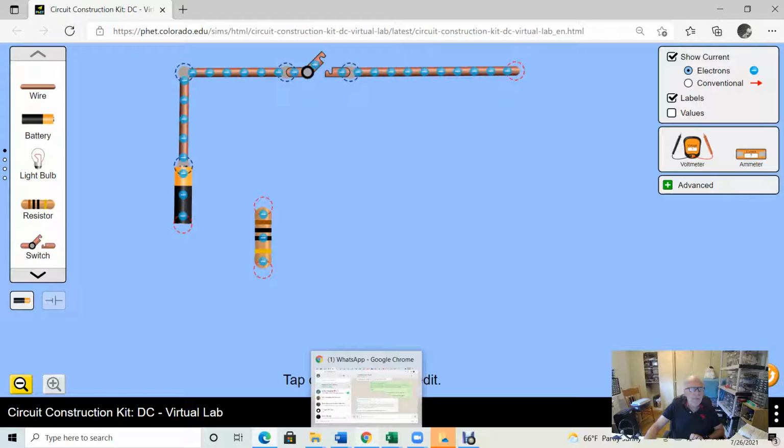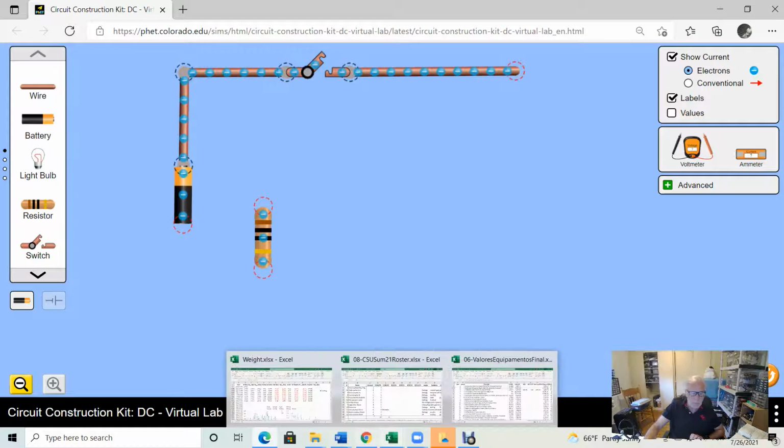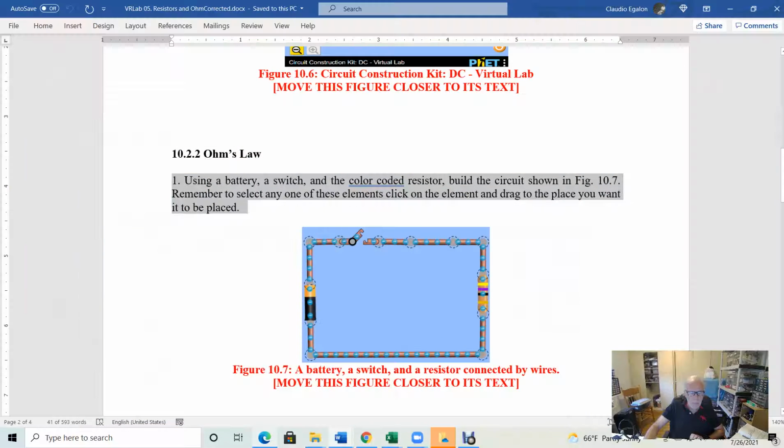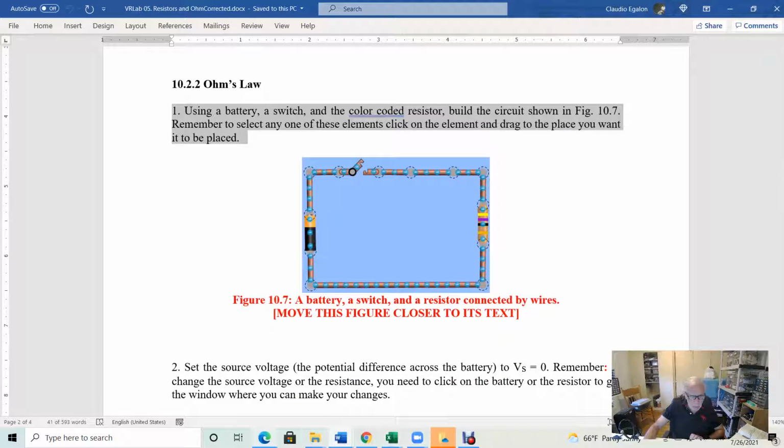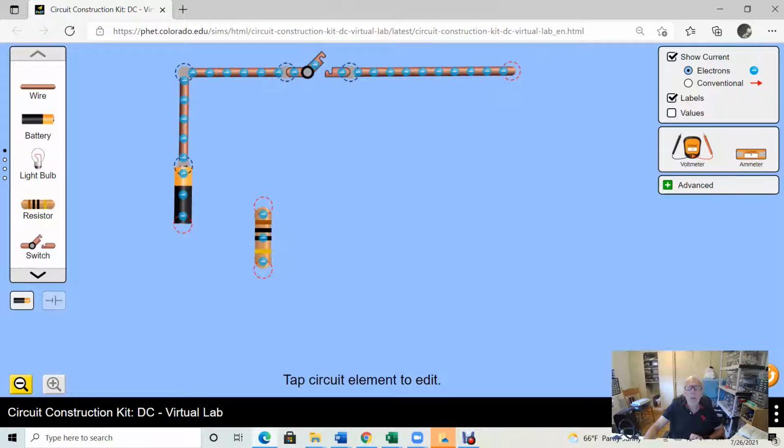We have far fancier computer programs, simulations like that, that you use for a circuit. Okay, so here you go. Wire. He wants a wire here. Let's do according to what's in there.